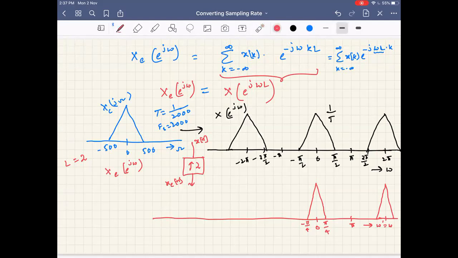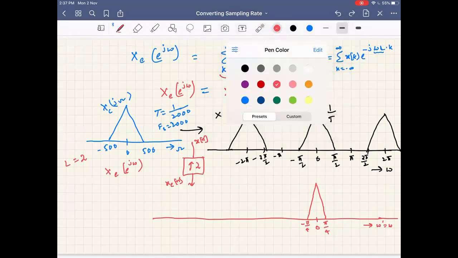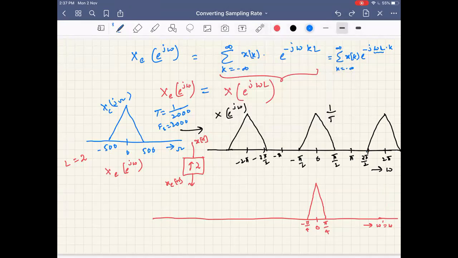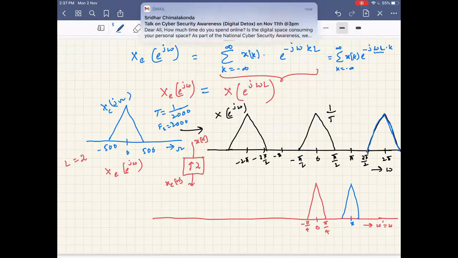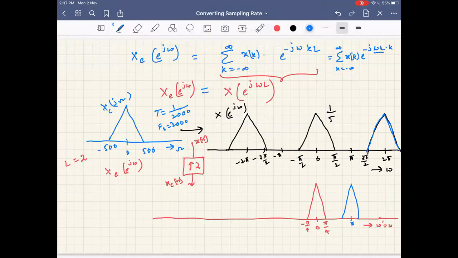Let us sketch with different colors to have better clarity on the spectrum. I will be superimposing with another color here. Now where does this blue spectrum come? That is exactly at pi, so let us sketch it at pi. There may be another spectrum that comes and sits at this location.